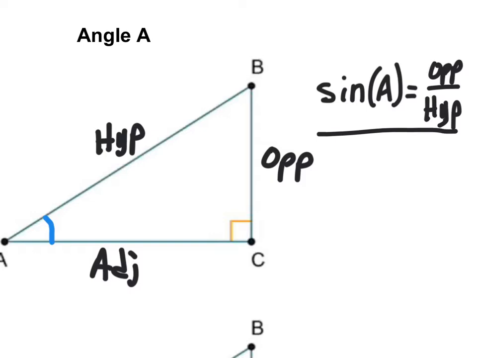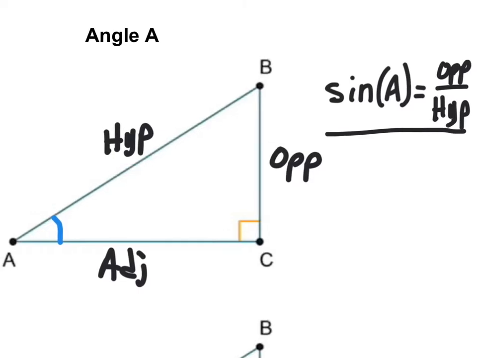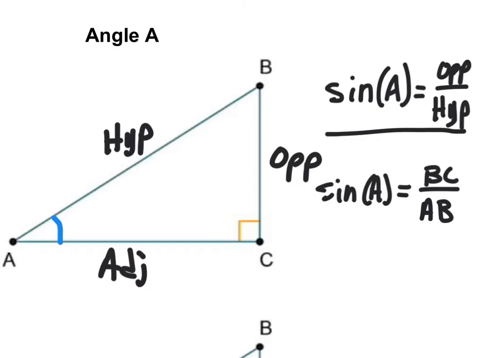Now, in this case, we would take sine of A and label that as the length of BC, my opposite side, divided by the length of AB. What I want you to see here is that when I do sine of angle A, it gives you a ratio of side lengths.